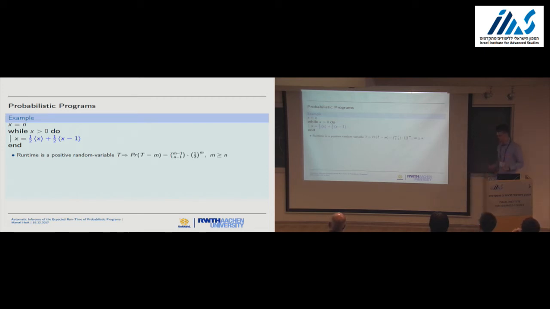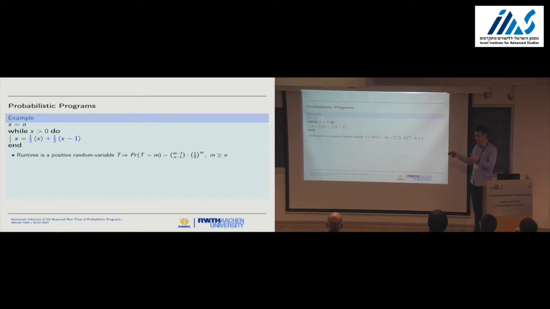And the probability in this case that we have m loop iterations, where m is some number greater or equal to n, is this term, which is already very involved for such a very simple program. And this is due to the fact that when we have m steps, we know we have n times the decreasing by 1.